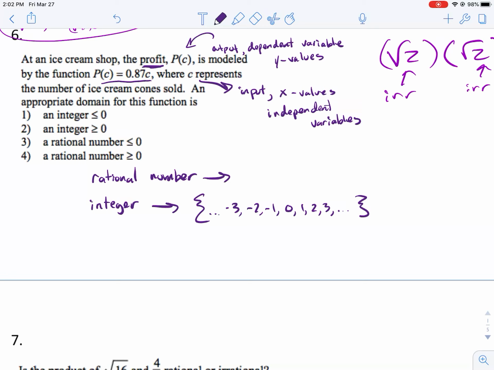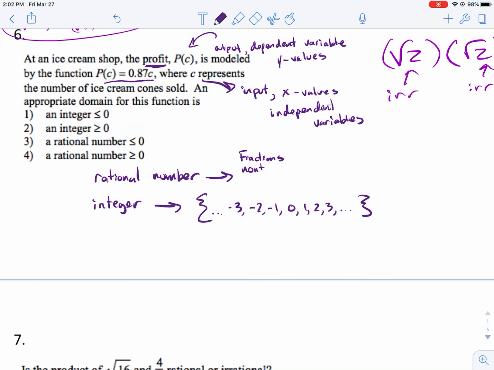Your rational numbers, don't forget, rational is fractional, so they can be represented as fractions. They can be non-terminating, but they either repeat or have some sort of pattern.